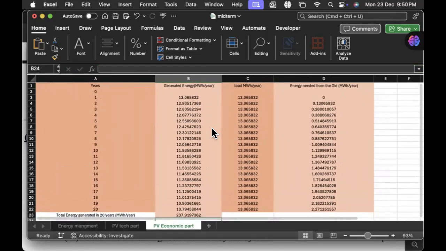But let's now go to another side of the story, which is the economic part. Here we have different sources of money to be consumed, starting with the capex or the capital cost. Usually, we can divide the capital cost of the system into three big portions. The first is the cost needed for the PV modules. The second is the cost needed for the DC-AC inverter.